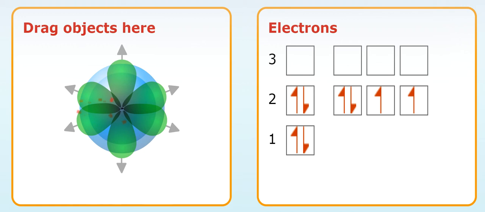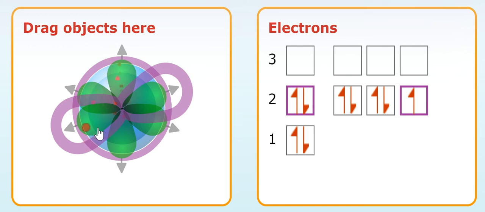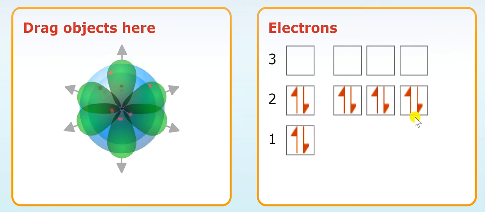Let's add another one. Oh, and here is another down arrow that just appeared. And finally, let's add another electron to that last p orbital. And there it is. There's that down arrow that just appeared.